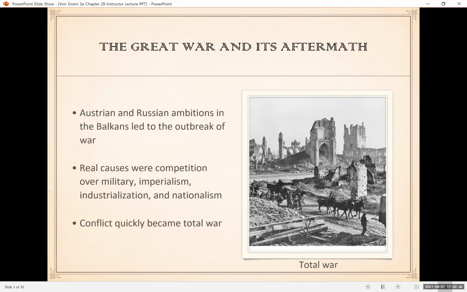The causes of the war are fascinating because they have to do with overt nationalism, people wanting self-determination, and age-old empires trying to hang on to what they had.